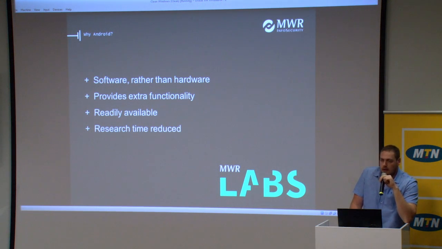I guess anybody in this room would have an NFC reader on their phone, and would be able to look at card data if they really wanted to. This really reduced my research time, not having to delve into the hardware side of this.